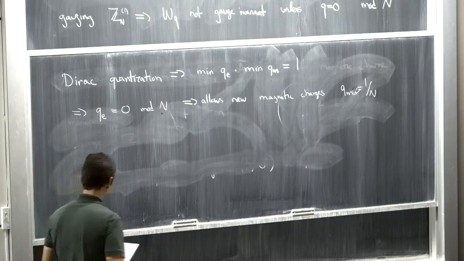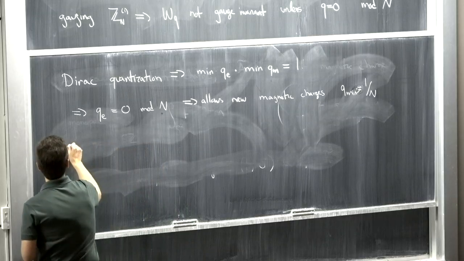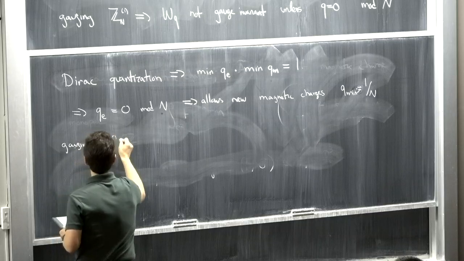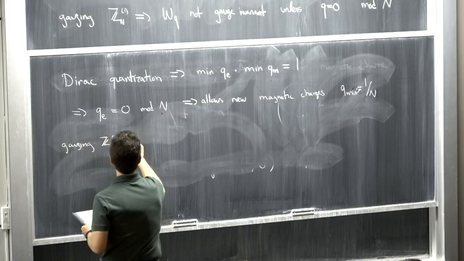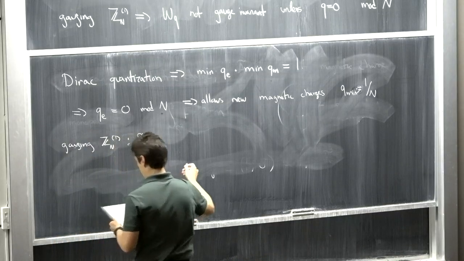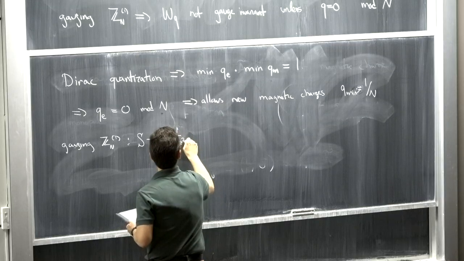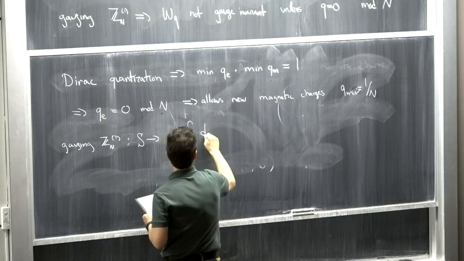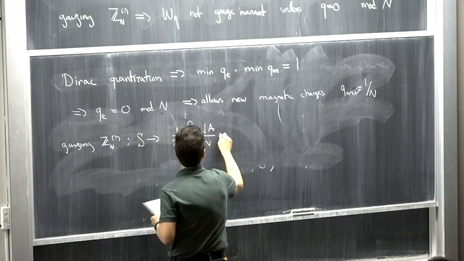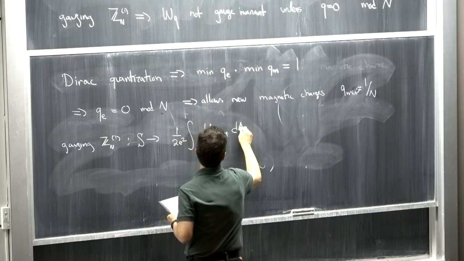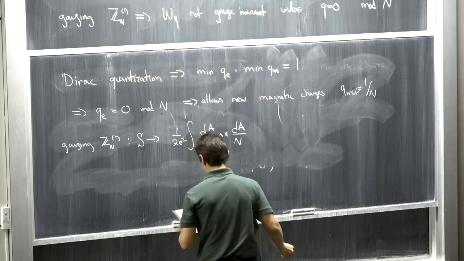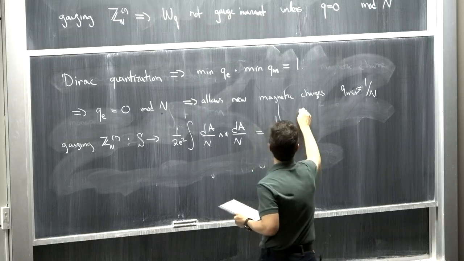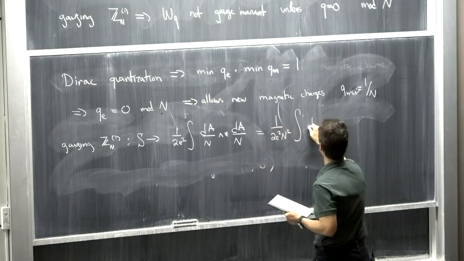Okay. Good. So in other words, this is supposed to motivate that gauging Zn1 took the action, and we just plop in A over N wherever we saw A. And I'll just bring this N out front.